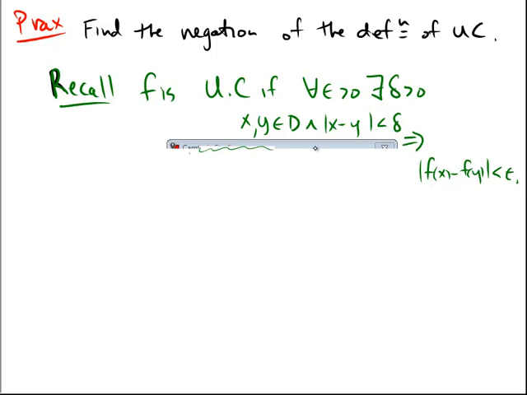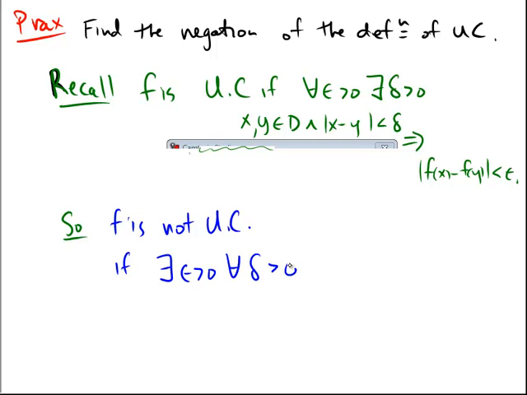So, what would the negation be? I encourage you to take a second here and pause and see if you remember enough from our logic class together to determine what the negation of this statement is. But assuming you took a second out here and tried it on your own, the negation would have to be that f is not uniformly continuous if there exists epsilon: for all is negated to there exists, and there exists is negated to for all.